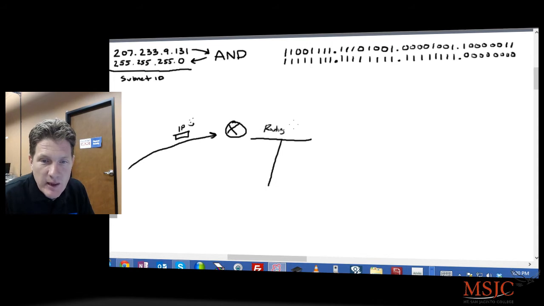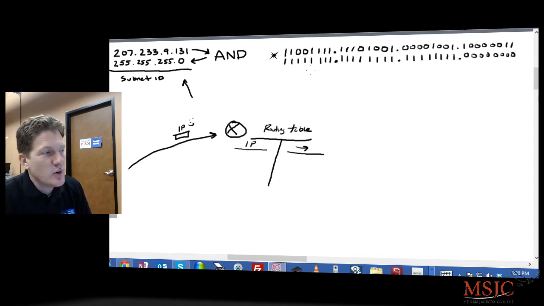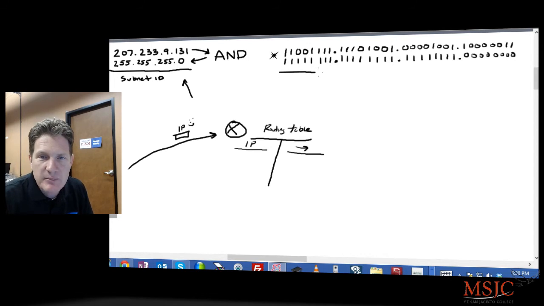It's going to see the IP and where it goes. Well, when the IP comes in, it doesn't look at the dotted decimal notation up here. It looks at the binary over here. So it makes a very quick decision. It finds out what the IP's subnet ID is.